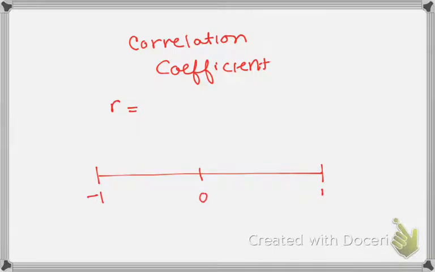We say that -1 is weak. No, I'm sorry, it's strong. And +1 is strong. Actually, they're both kind of perfect. It's a very strong relationship, where 0 is weak. What the negative shows is actually the directionality of the line. So if you have negative, it would be a negative slope. If you have positive, it would be a positive slope.